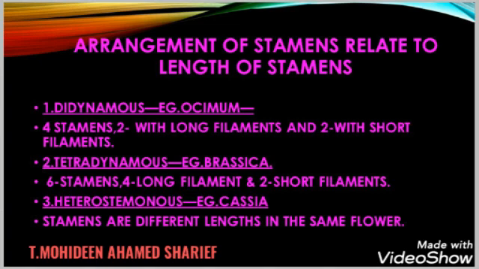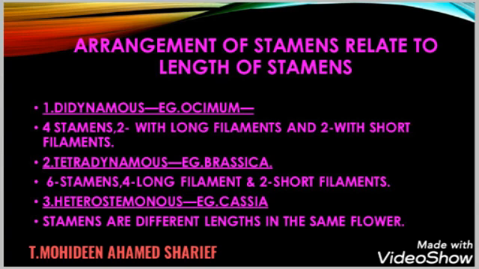Next, we will see about the types of the anthers. First one is monothecous. So in this, they have given the example: one lobe with 2 microsporangia. They are kidney shaped in cross section.